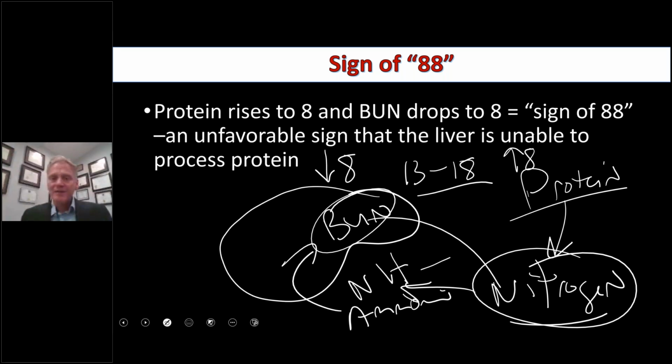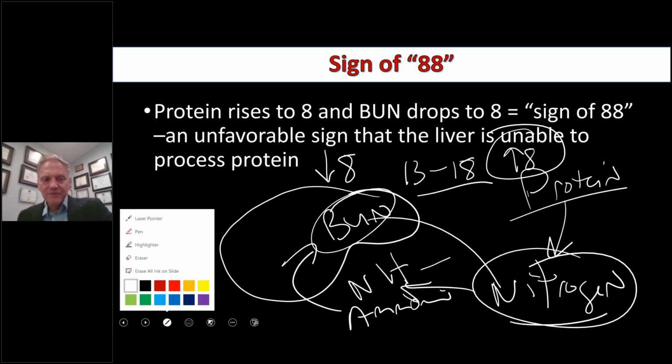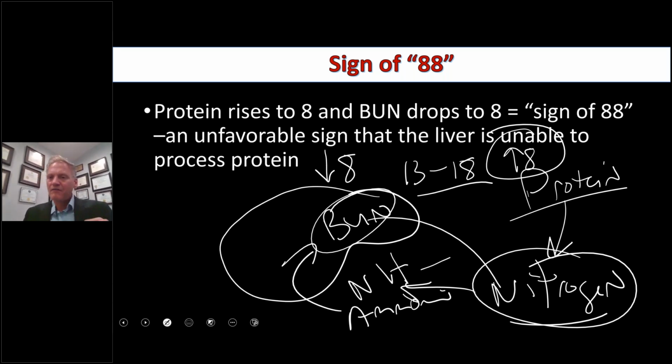But guess what? This protein is not being deaminated. So your liver's not able to keep up with the demand of all this protein flying around. So this person is circling the drain, so to speak. This person is in an inflammatory free fall.